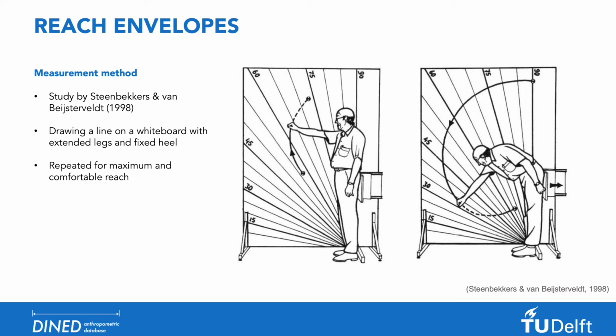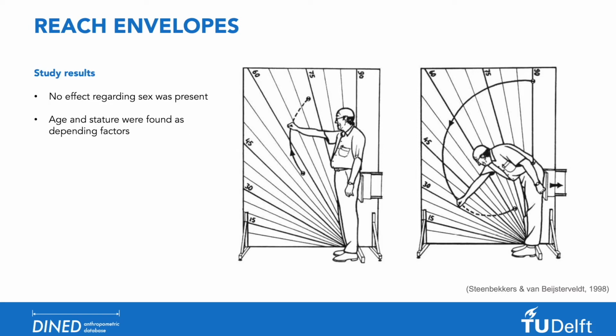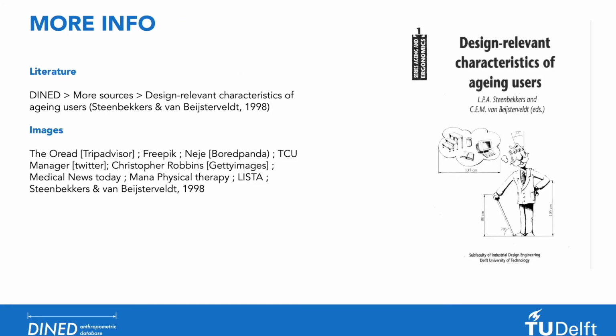This line was made for both maximum and comfortable reach. Based on the results, DINED made a tool which allows the user to select a subpopulation based on age and stature. The study on which this tool is based is described in the book Design Relevant Characteristics of Aging Users.